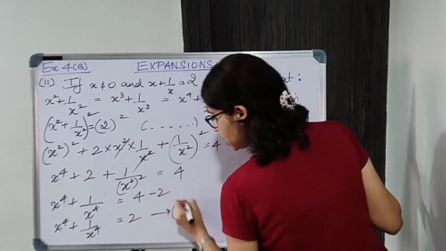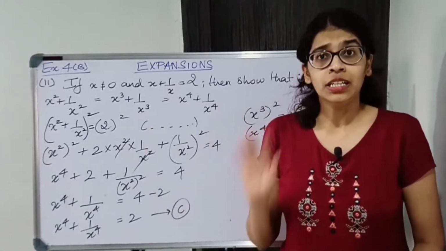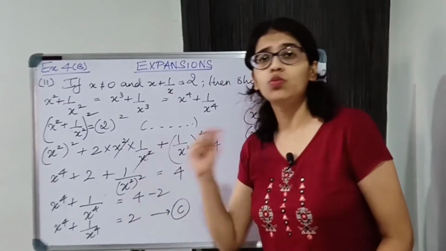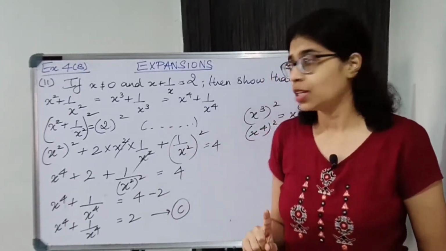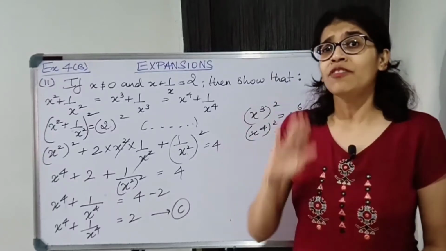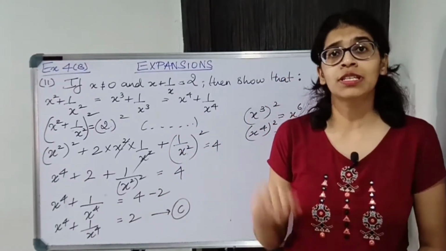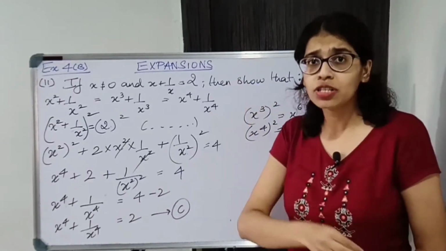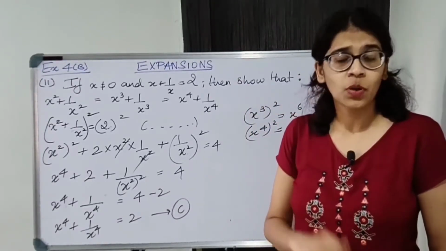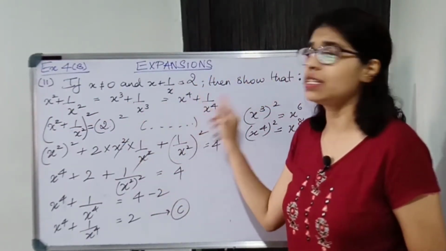Mark this as C. Now A, B and C, तीनों का RHS we got 2. This is also 2, this is also 2, this is also 2. So if RHS of all A, B and C का equations is same, then LHS is also same. Therefore this is equal to this is equal to this.